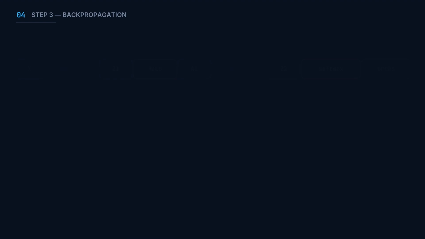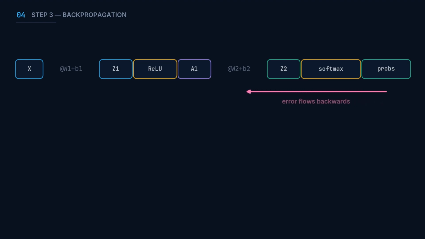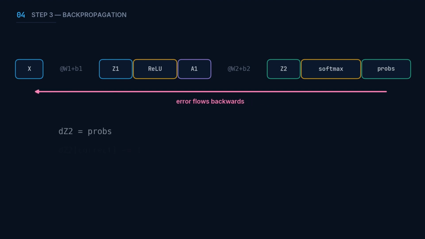Step 3 is the famous one, backpropagation. Prediction flowed forward. Now the error flows backwards, from the output back through W2, into the hidden layer, back through W1. Thanks to a beautiful piece of calculus, the combination of softmax and cross-entropy has an almost comically simple starting gradient.